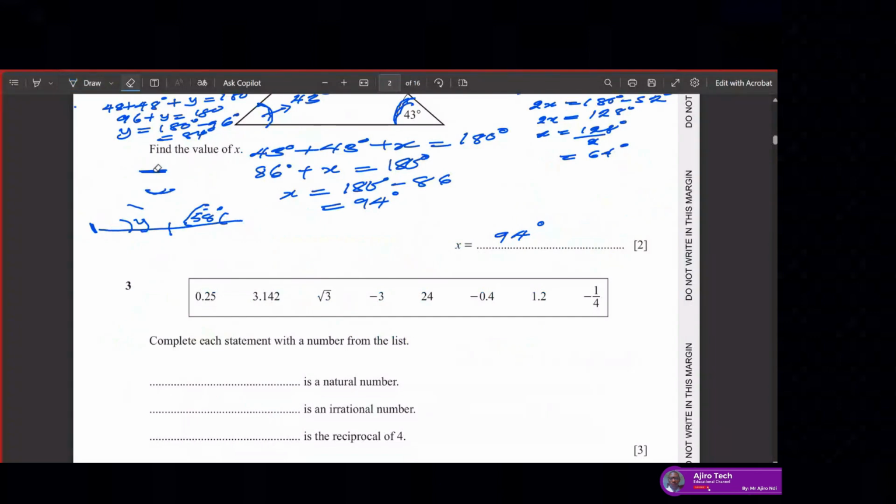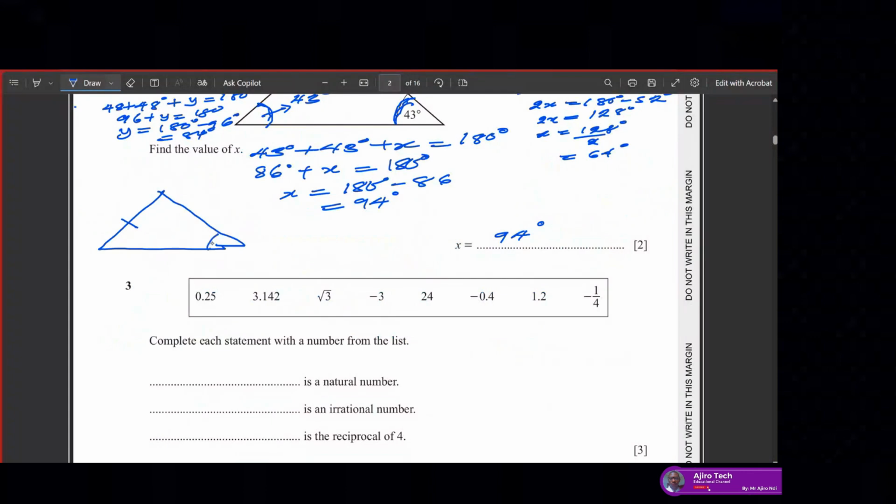It's the same question. Oh, okay. Wait, let me redraw. Calculate the value of x. Okay.